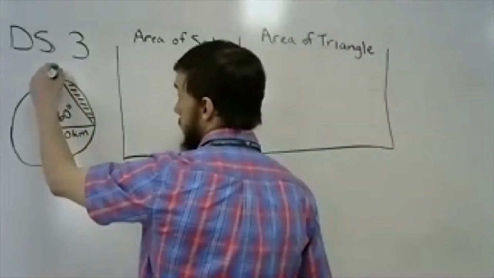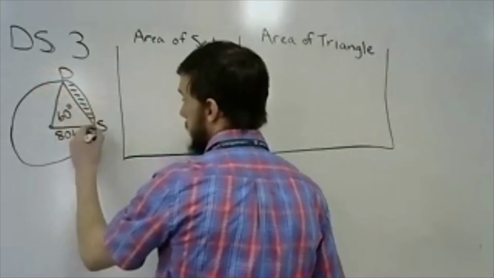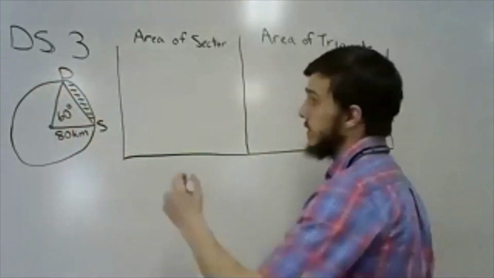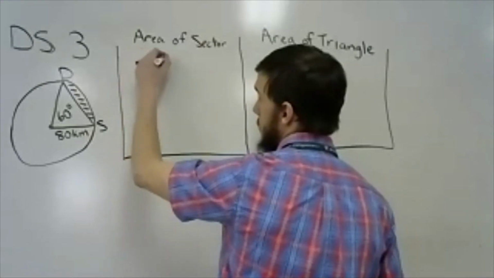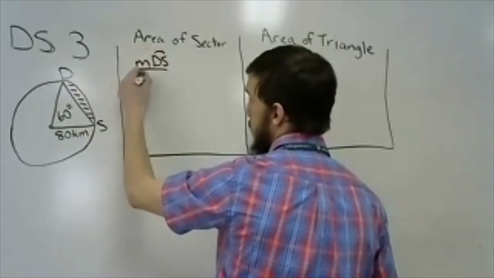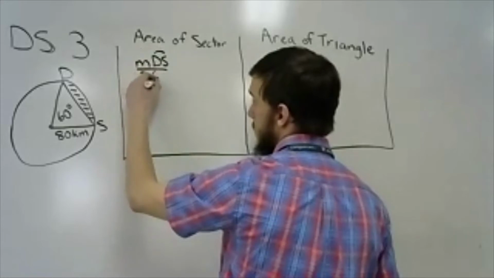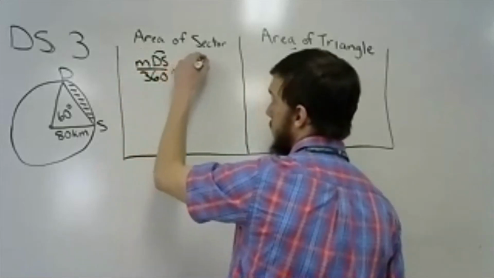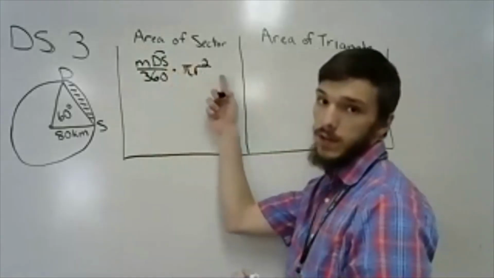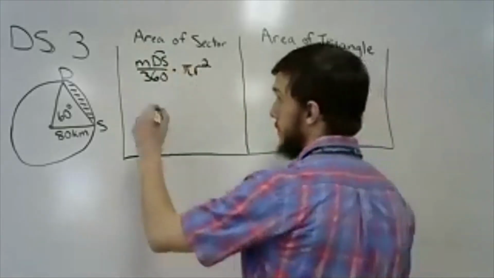So let's just call this D, we'll call this arc DS, right? So we need the measure of DS over 360 times pi r squared, the area of the Death Star.